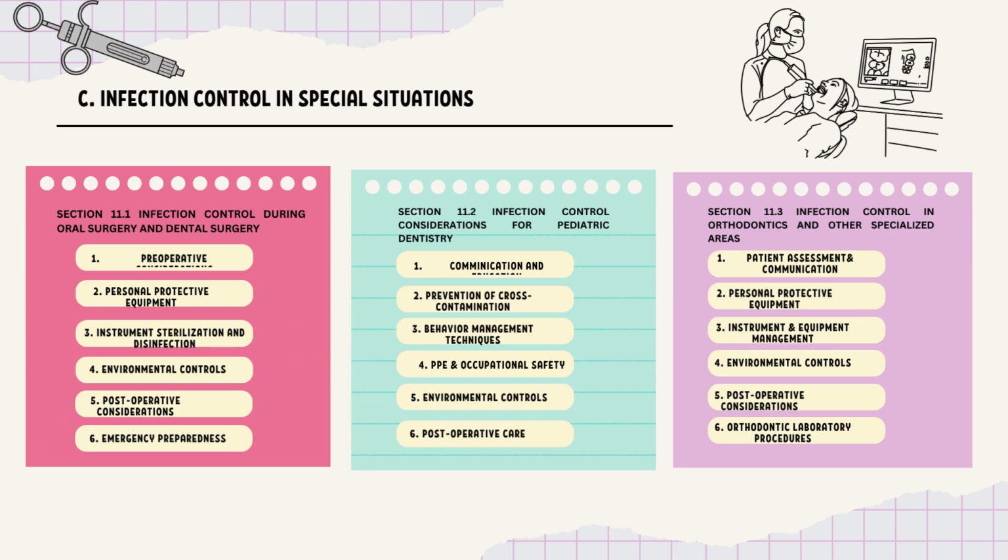These are general dental practice, specialized areas such as orthodontics, as it requires specific infection control considerations. This involves prolonged contact with patients, use of specialized instruments, and unique treatment. So in order to have infection control measures, it is important to maintain a safe environment for both patients and dental healthcare personnel.